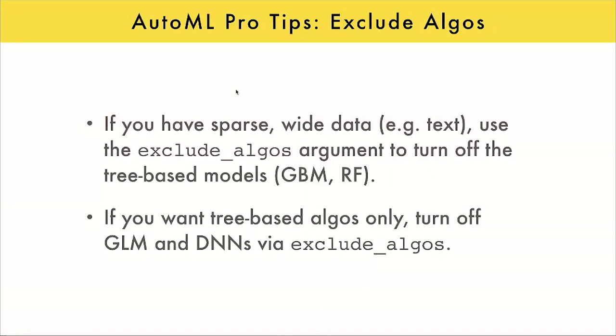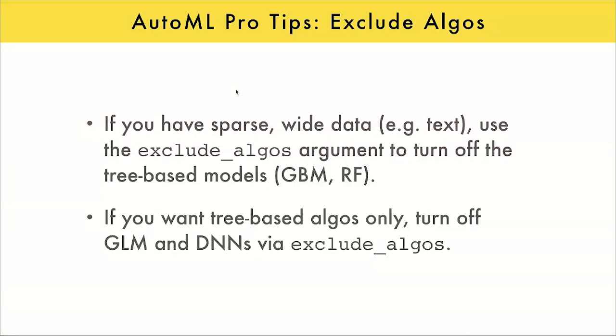And let's say you're really noticing that your data does great on GBMs and random forest, and you don't really want to bother with GLMs or DNNs, then you can turn those off as well. But one thing to think about is don't just assume that, try it out, because sometimes having what you would think are bad models in your ensemble actually helps. So just try it out and see if it works better one way or the other.